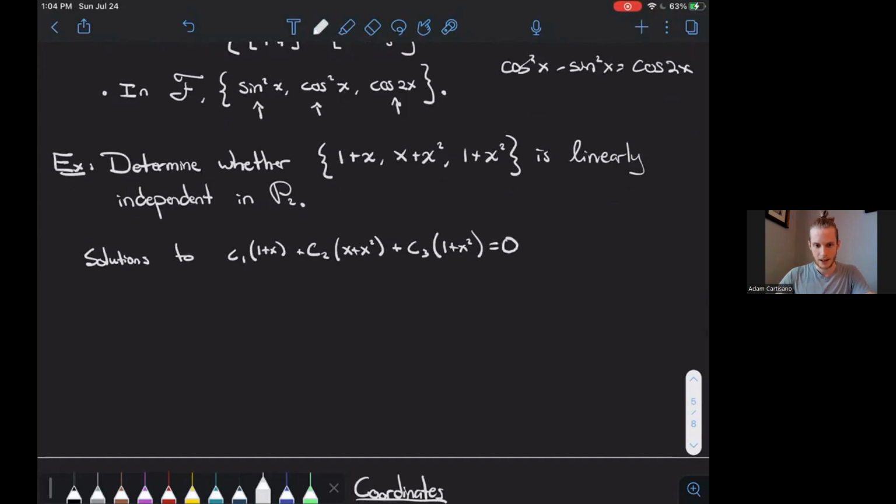Now, before you jump outwards, let's just expand out and refactor in terms of 1, x and x squared. So I could write this as C1 plus C1x.